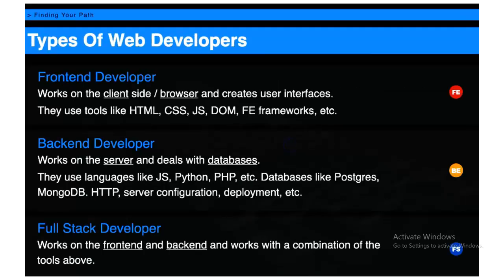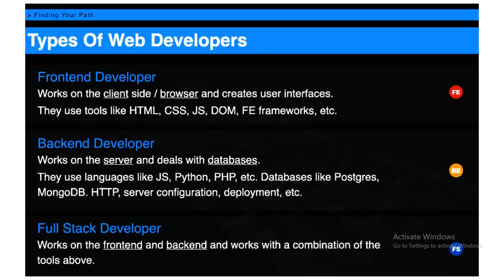Types of web developer. There are three types of web developer. Front-end developers work on the client side, the browser, and create the user interface. They use tools like HTML, CSS, JS, the DOM, Firebase, frameworks, etc. Back-end developers work on the web server and deal with databases.